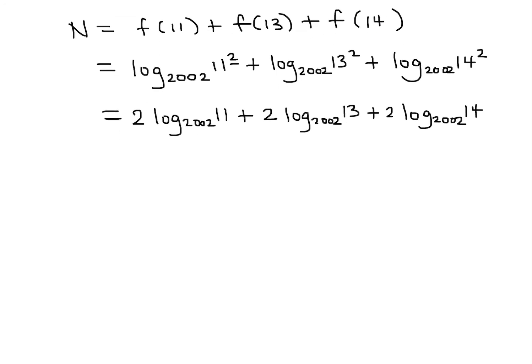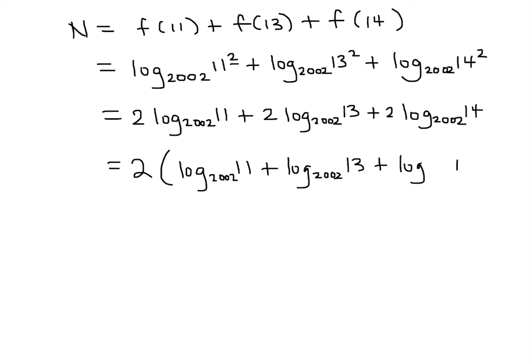Log 13 to the base 2002 plus 2 log 14 to the base 2002. Okay? Now let's see, we can factor out a 2, and that will just give you log 11 to the base 2002 plus log 13 to the base 2002 plus log of 14 to the base 2002. And then there's a rule that if the bases are the same and you're adding like that, you can write it in the following way.